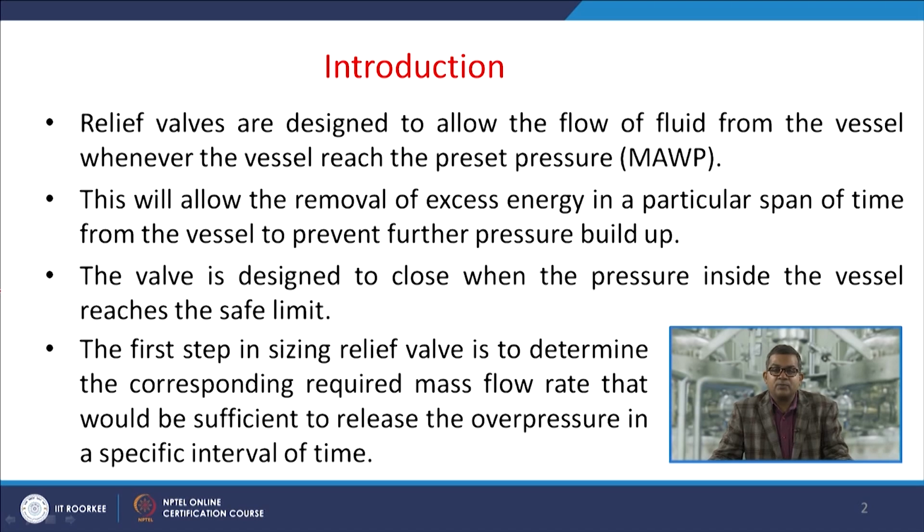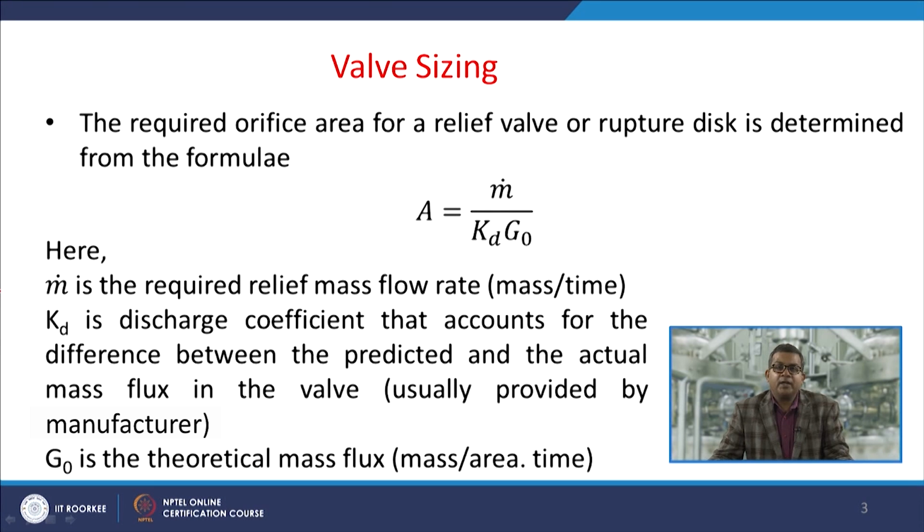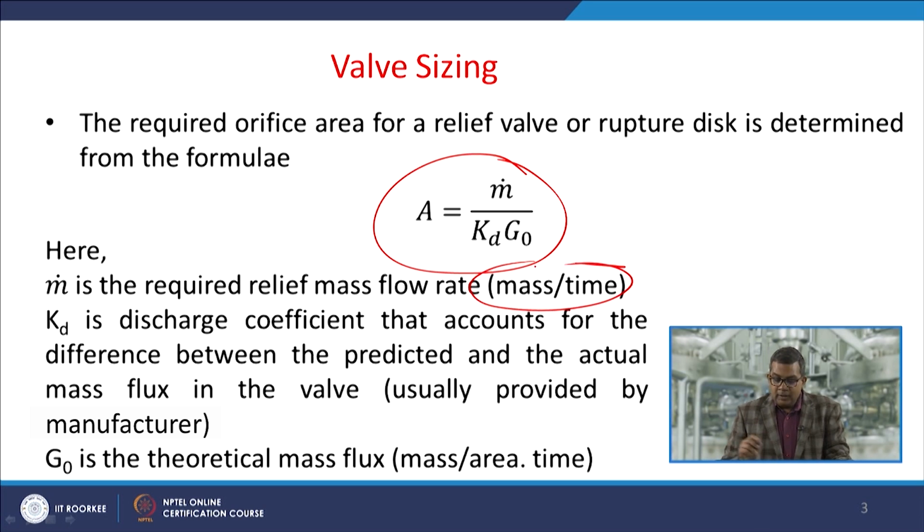Now the first step in sizing a relief valve is to determine the required mass flow rate that would be sufficient to release the overpressure in a specific interval of time. The required orifice area for a relief valve or rupture disc is determined by this formula: A is equal to m-bar upon Kd G naught, where m-bar is the required relief mass flow rate, and usual units are mass per time.